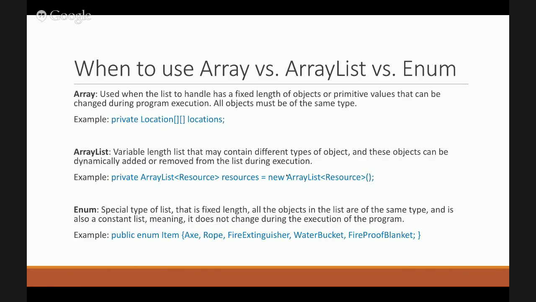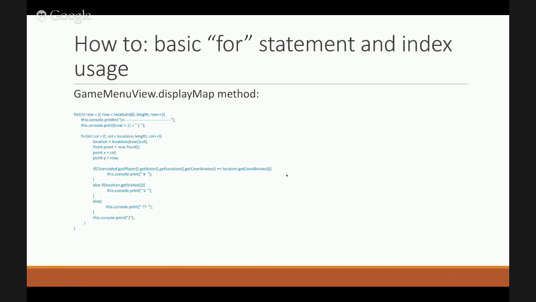It can be used, for example, if you have a variable within an object that determines a category of objects, and you could say that the object is of type Item.AX or Item.ROPE or things like that. It's just one of the possible usages of enum.